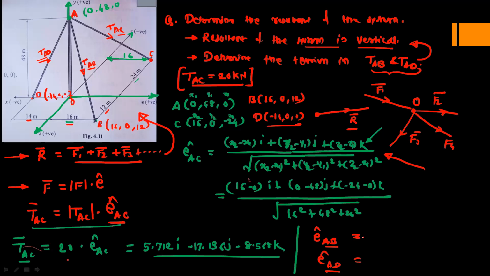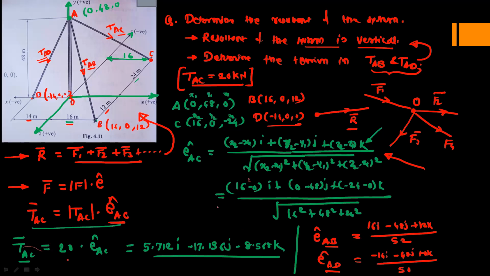So unit vector AB is 16i minus 48j plus 12k upon 52. Unit vector AD is minus 14i minus 48j and 0k upon 50.